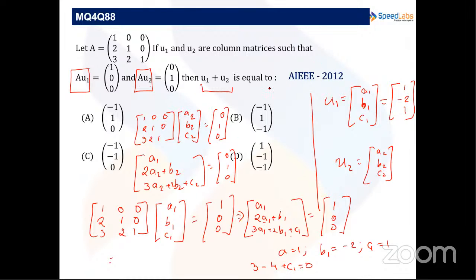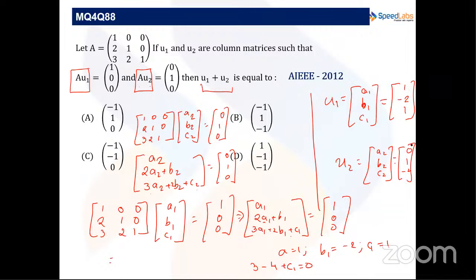So from this a2 is 0 and b2 is equals to 1. So c2 is minus 2.